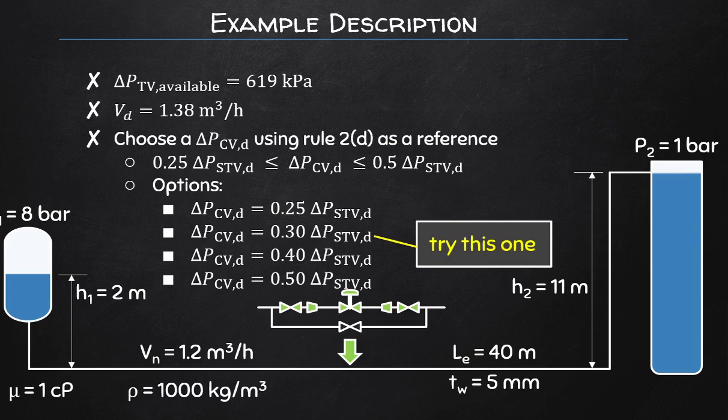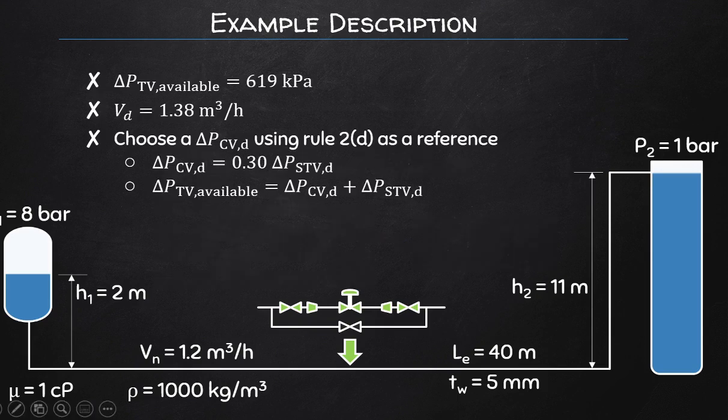So let's go with this option, since it does not use too much energy for the system, but is also not too small either. The larger option of 0.4 kPa is slightly more wasteful than the selected option here.